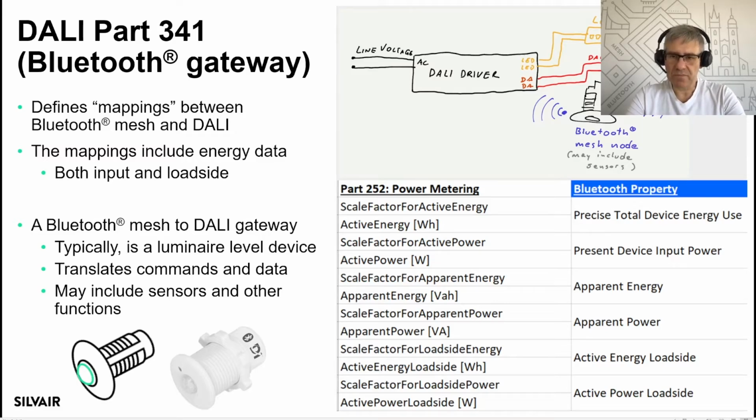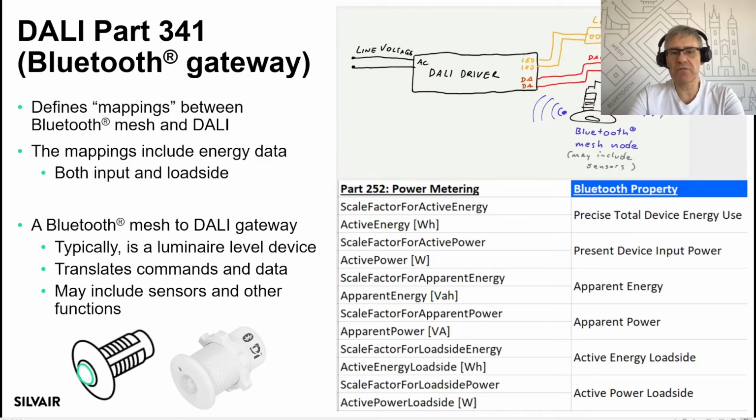It is a standard that came from the joint collaboration between the DALI Alliance and the Bluetooth SIG, and it effectively defines the mappings between Bluetooth mesh and DALI. So in this sketch here, you can see the principles of how it works.